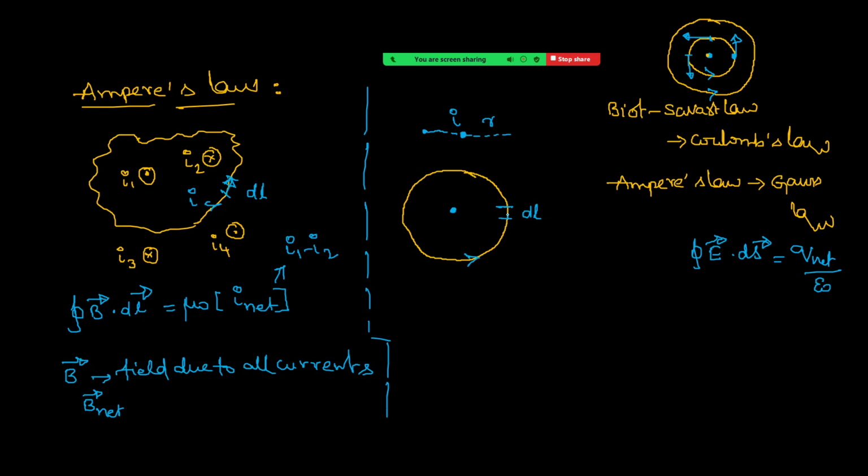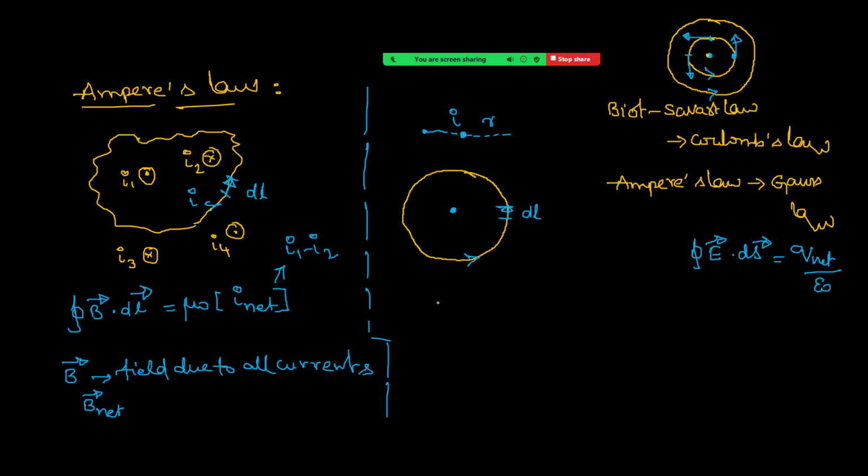The direction is like this, and the direction of the magnetic field is also along the same direction. So at each and every point on this loop, the direction of dl bar and the direction of B bar are the same. That means between those two vectors, the angle is 0. At each and every point, the modulus of B bar is the same.